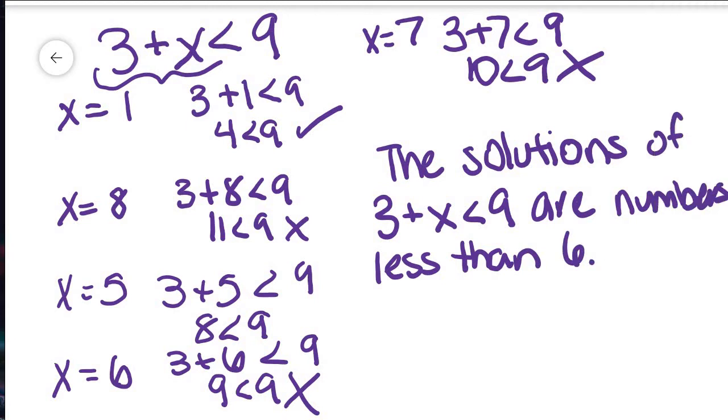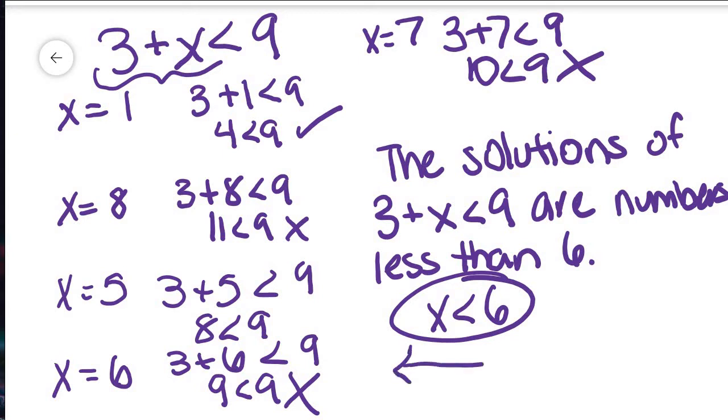In other words, we can write x less than 6. All right, now since this is just too many numbers to list, how we show this would be to graph it.